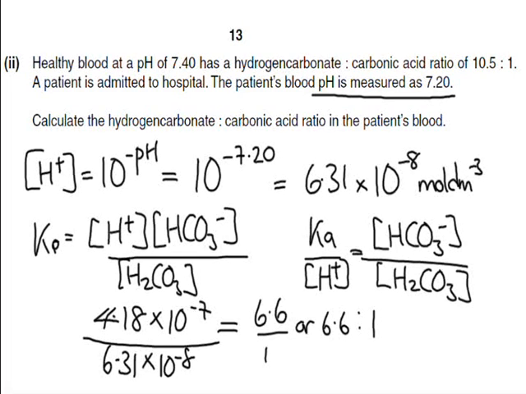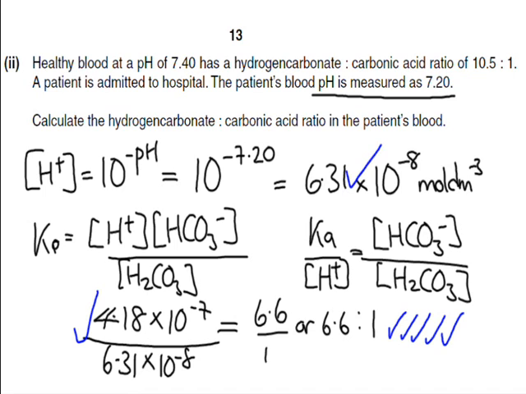Where will the mark points come from? Well, if you wrote absolutely nothing down other than that final ratio of 6.6 to 1, you would have got your 5 marks immediately for this part of the question. You get a mark for being able to do this rearrangement, putting the two numbers over each other. For determining the concentration of H plus in the patient's blood, this 6.31 times 10 to the minus 8, you would get another mark.